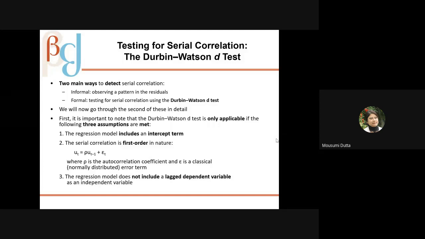Now, this DW test will be applicable if and only if our error follows a first order autoregressive process, that is, the AR1 model. So U_t should be equal to rho U_t-1 plus the random error epsilon_t.